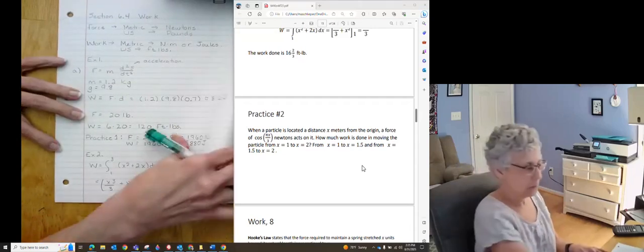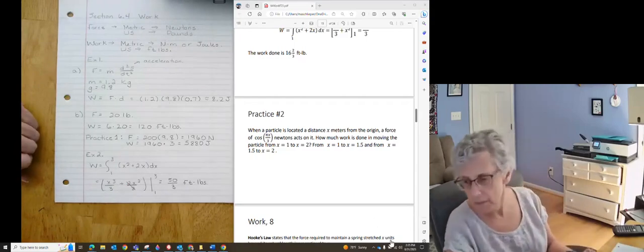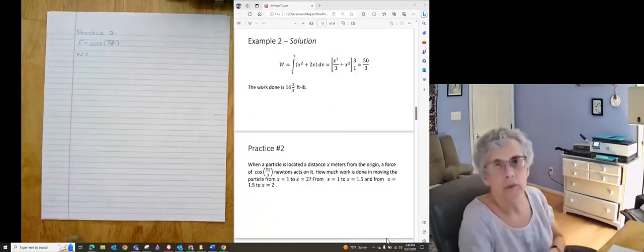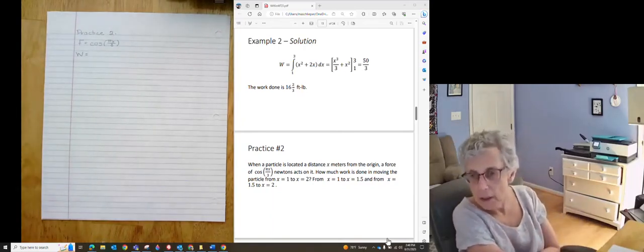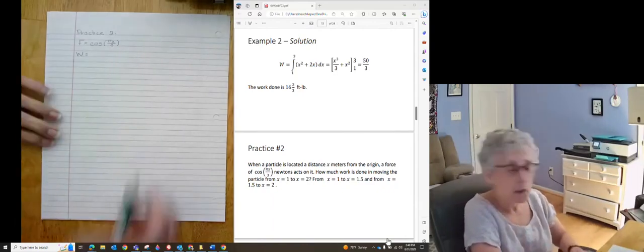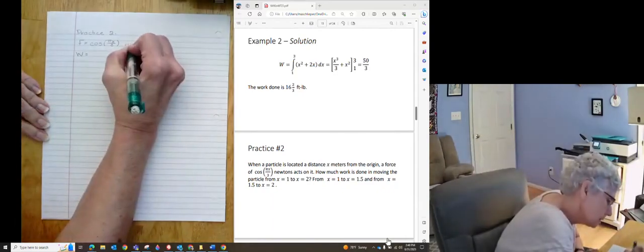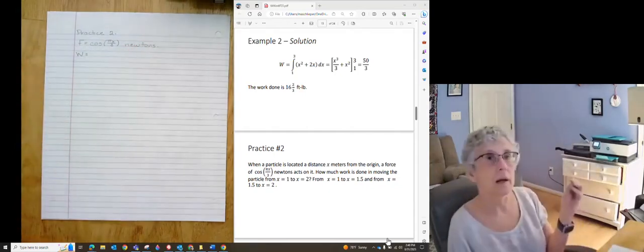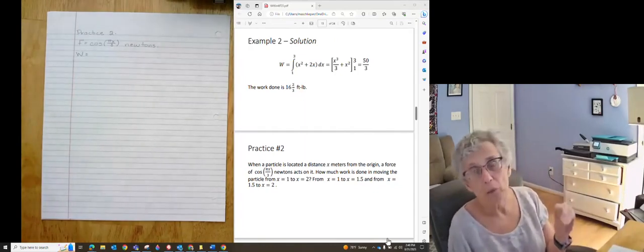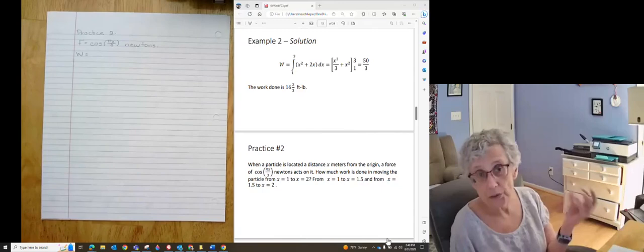Practice number 2. So I'm going to take a minute and set this one up. I just wrote down my problem. I'm given a force function, and it is in newtons. So that means my units for my work are going to be joules or newton meters.